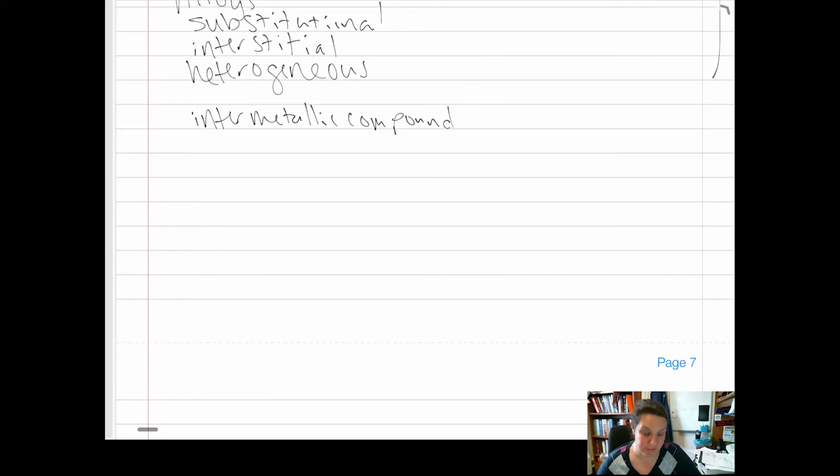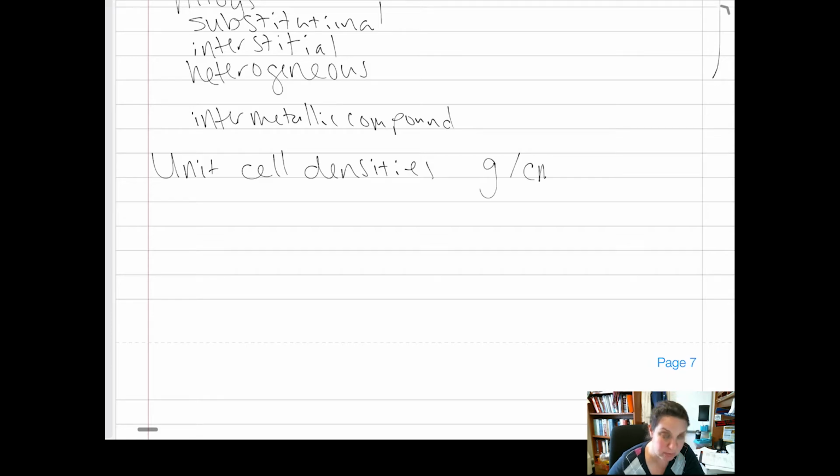We started, after that, looking at different calculations. We looked at unit cell densities. And what we want here is grams over centimeters cubed. Okay, so we have the mass of our atoms in the unit cell.